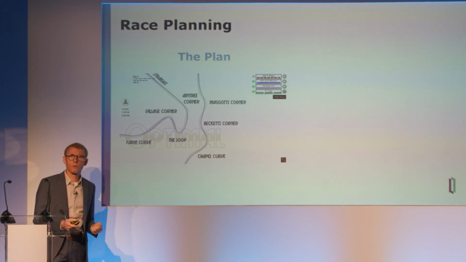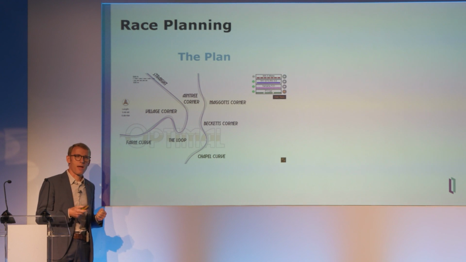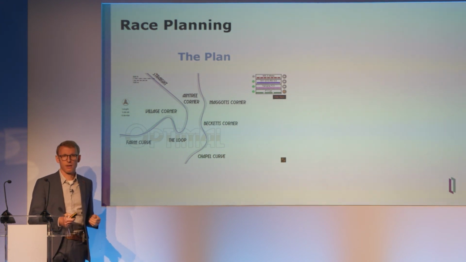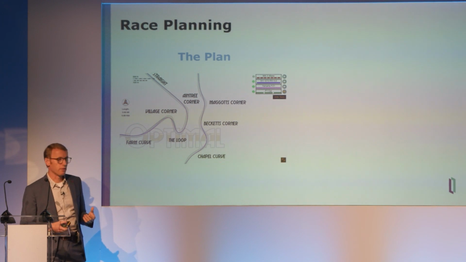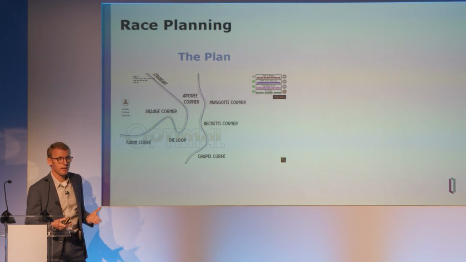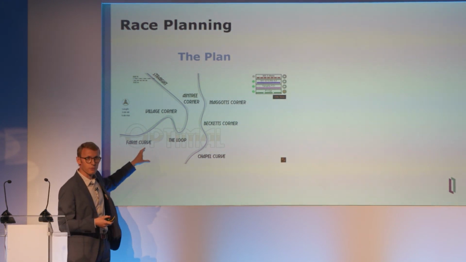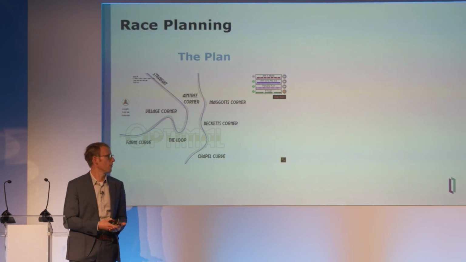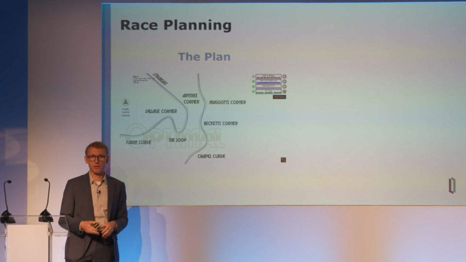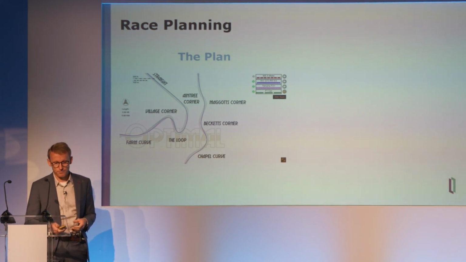So that's the default plan, to have your best ever race. The Silverstone GP is 52 laps. You don't want to have to figure out each of those 52 times you pass how exactly you need to drive. So you want to start with a good plan.